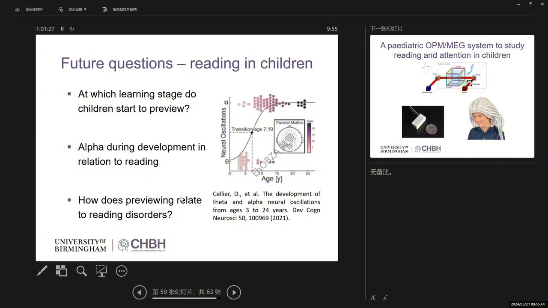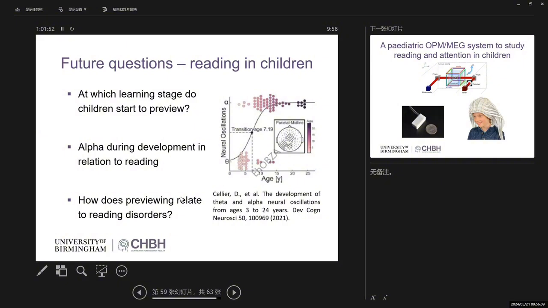Furthermore, there's an interesting aspect of alpha oscillations. It turns out that when children are about 4 to 5 years old, the alpha oscillations are slower, in the theta range, but as they get older and become early teenagers, these alpha oscillations accelerate to the adult alpha band, right?